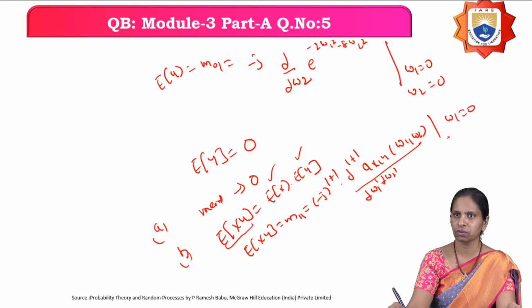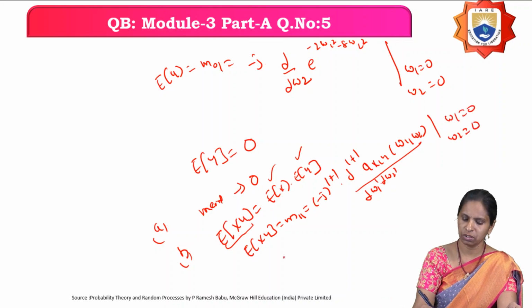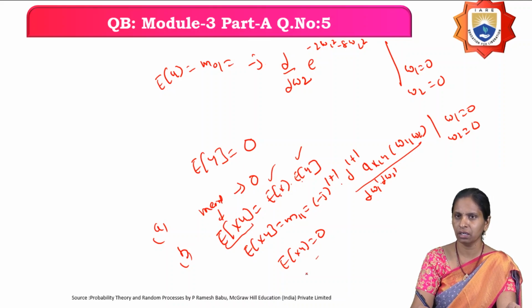After substituting omega 1 and omega 2 equal to 0 and simplifying, you get 0. So U of xy is 0, and 0 into 0 is 0. Since it is satisfied, you can say that x and y are uncorrelated random variables.